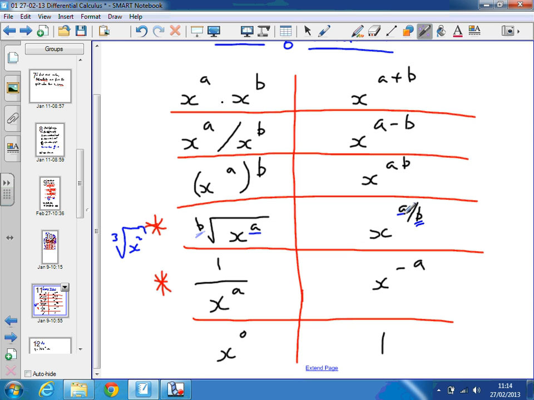You might remember that when we looked at the laws of indices. So the first thing I need to do is to change the cube root of x squared to x to the power 2 over 3. And then I can apply that first rule that was on that table, because the power now is just 2/3.